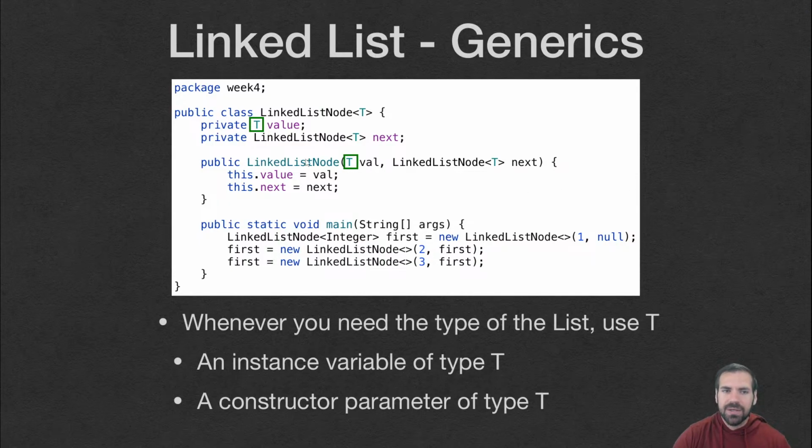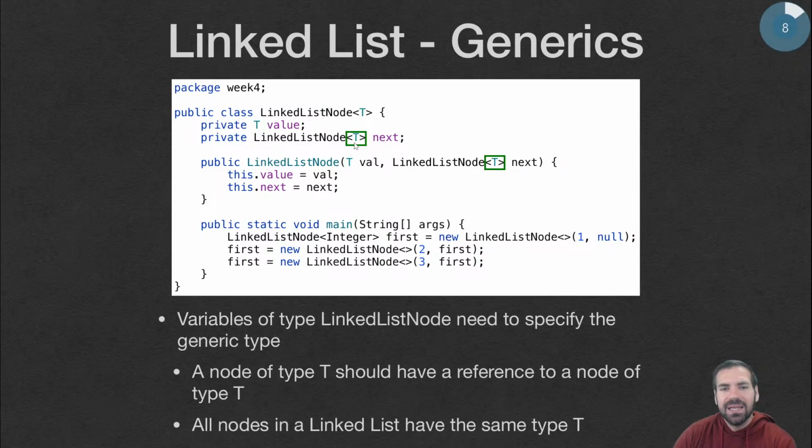I'm creating an instance variable of type T. I can take a parameter of type T. I can even use T as a type parameter for other variables, for other linked list nodes in this case. Hell, I could even create an array list of type T in this code if I had a situation where that was called for. But I'm going to use capital T wherever I need to use the type of whatever type this linked list node object is going to store.